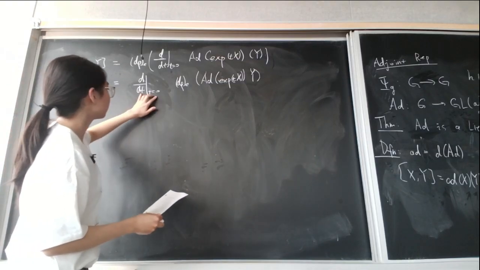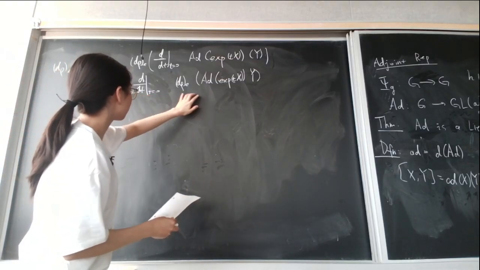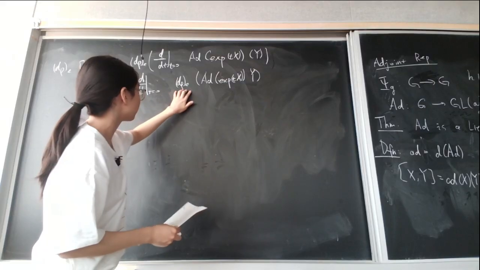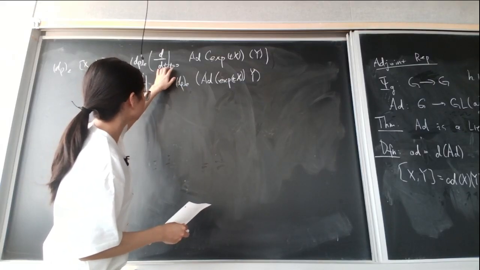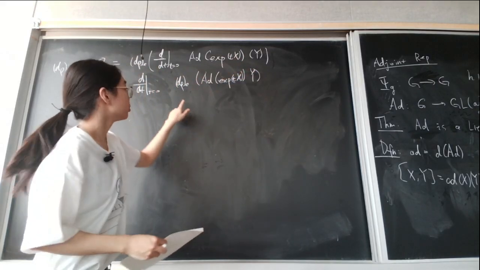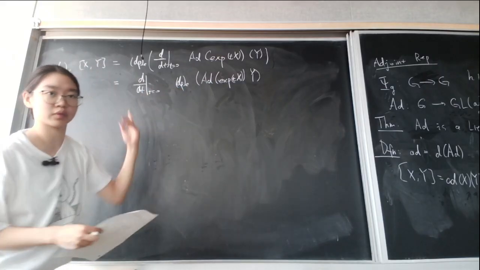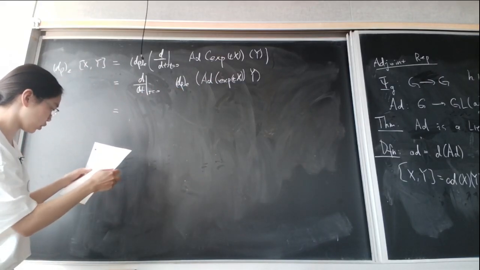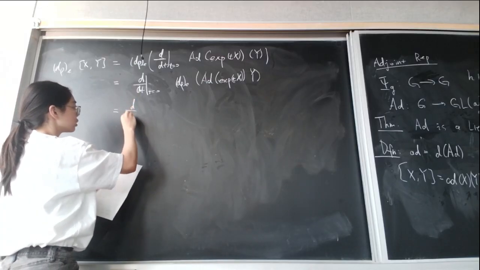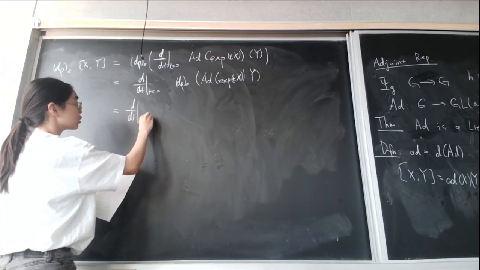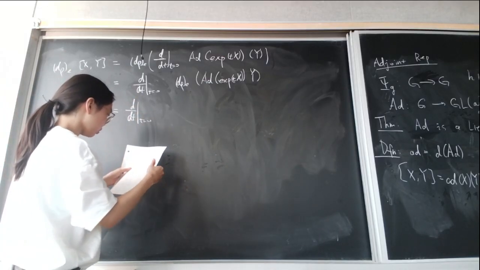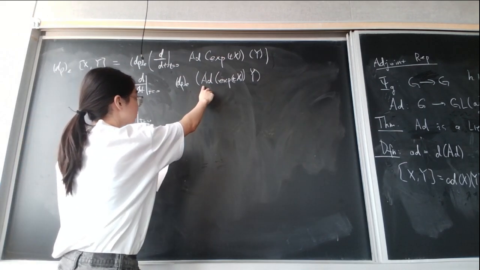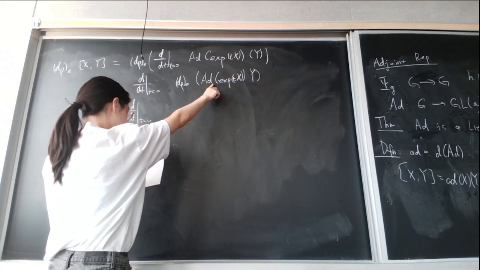It's because when you differentiate this, it's equal to the derivative of this applied to this, but this is linear, so the derivative is just itself. And then we applied the definition of the adjoint representation.